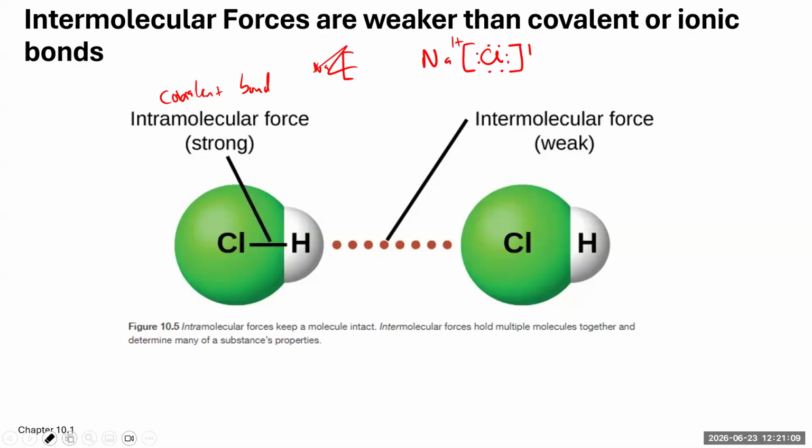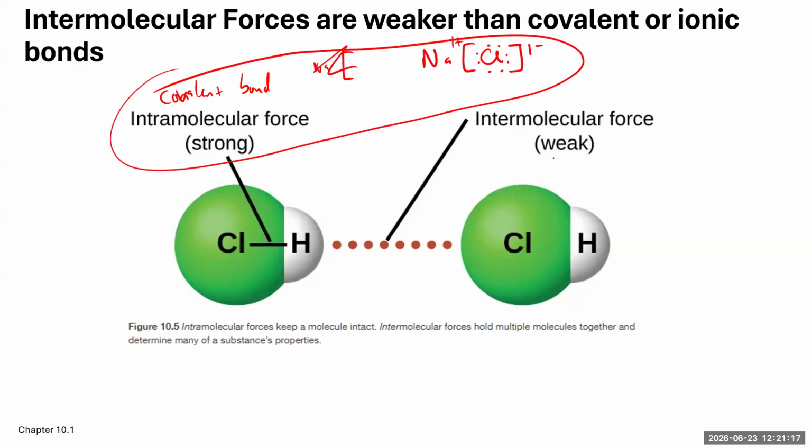These are much stronger than an intermolecular force. Covalent bonds, these are all kind of strong. These are very weak, right? That's why when you boil water, you're not breaking apart water, but you're separating individual water particles, right?